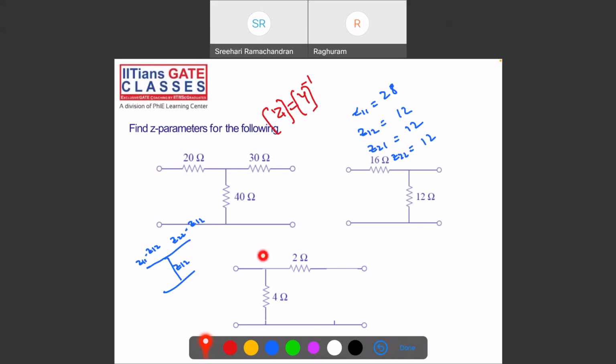So tell me for this one, 4 ohms and 2 ohms, the Z parameters. Z11 is 4. Z12 and Z21 are 4 ohms each, and Z22 last one must be 6.